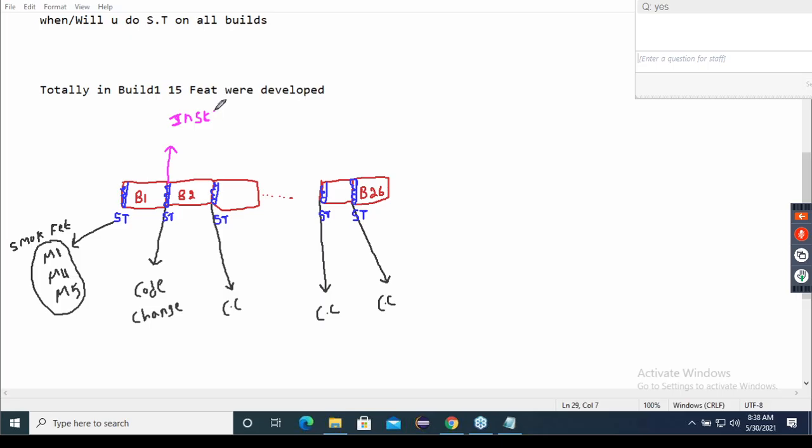When I say installation, they will completely remove B001 and install B002. Again, B2 is gone and B3 has come because installation is done. Again B25 is removed and B26 installed because of installation.